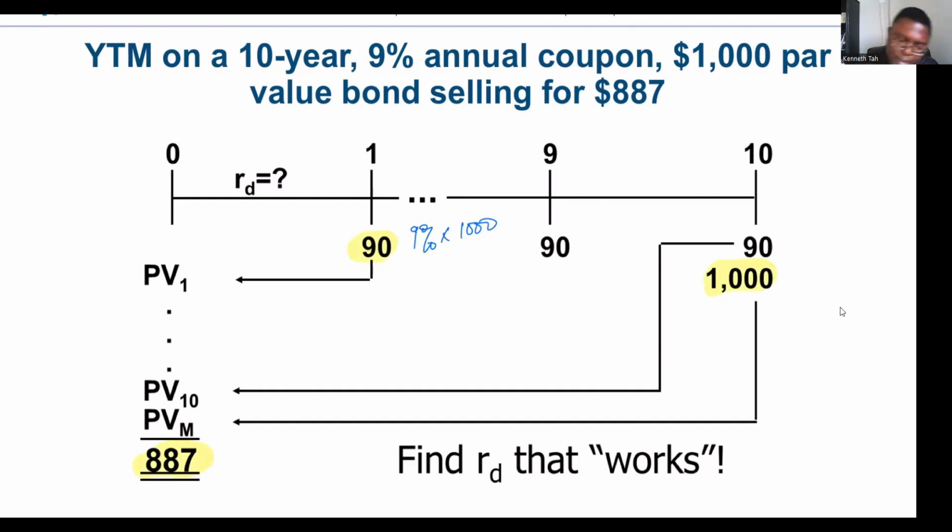So we are interested in understanding the yield. What is it that will bring all of this present value together to this sum? What is the interest rate?